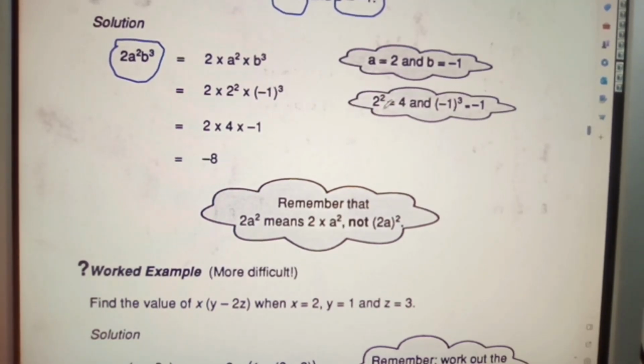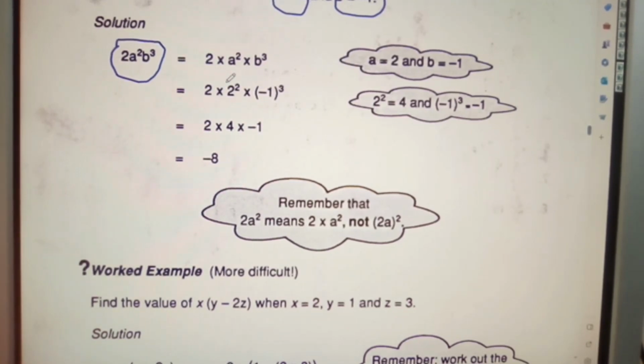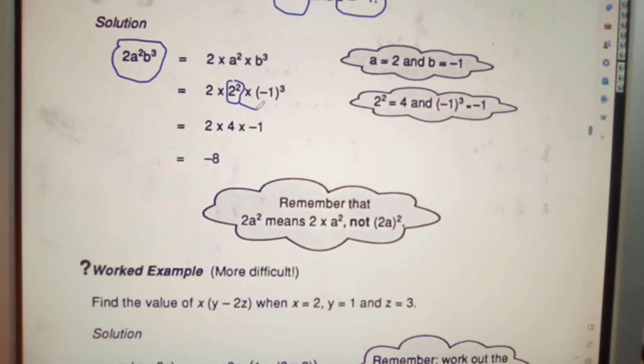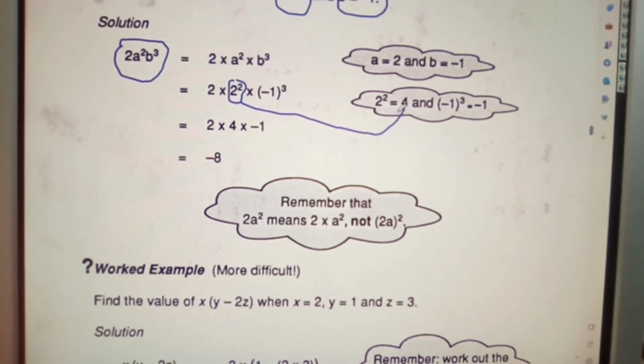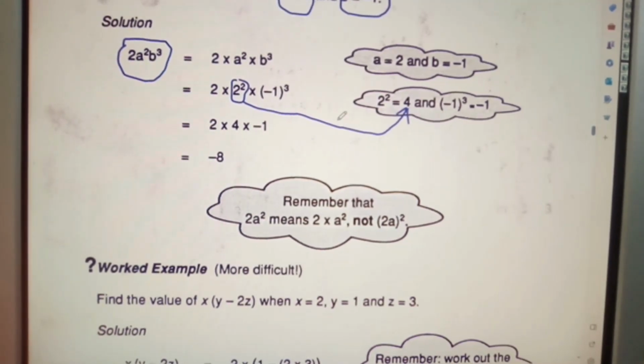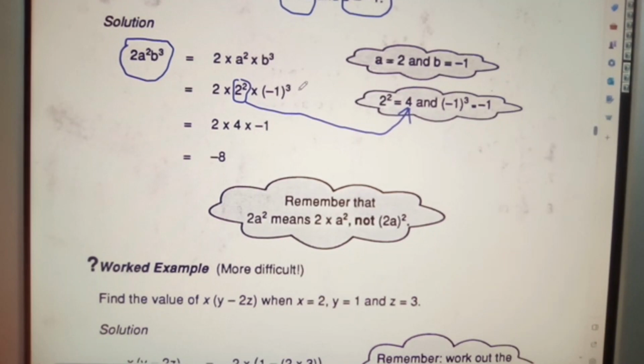So here we have 2 squared equals 4, okay? 2 squared equals 4, and that's what we're showing you here, okay? Times -1 cubed will still equal -1, okay?